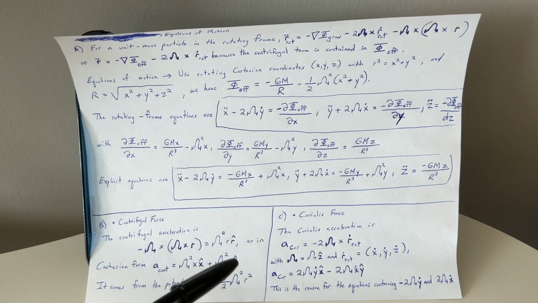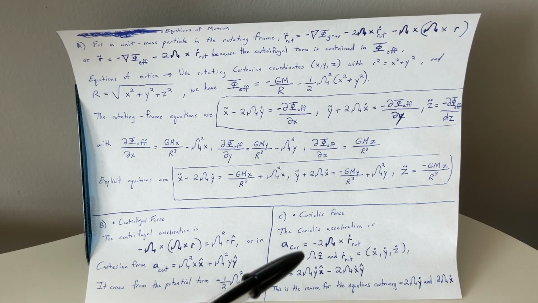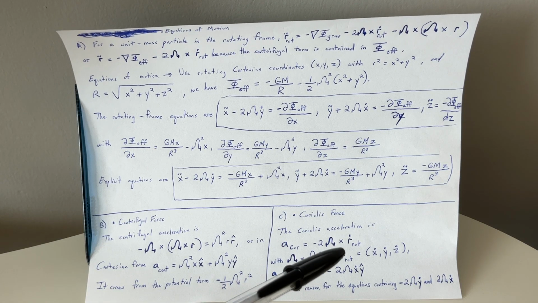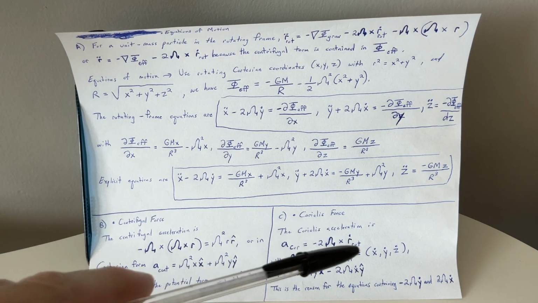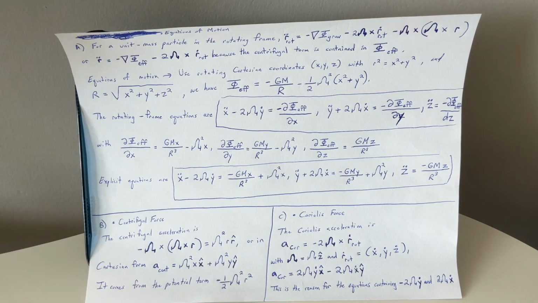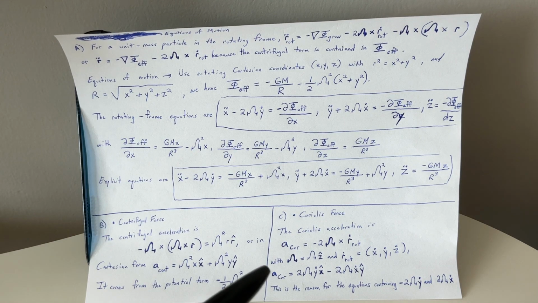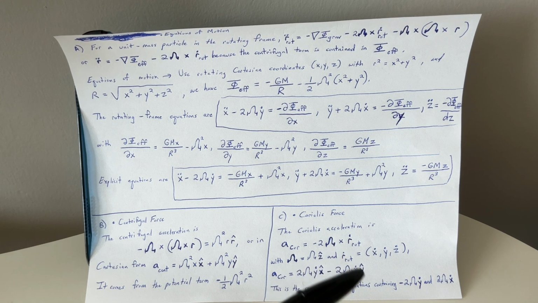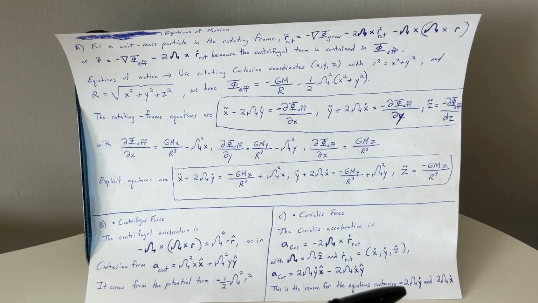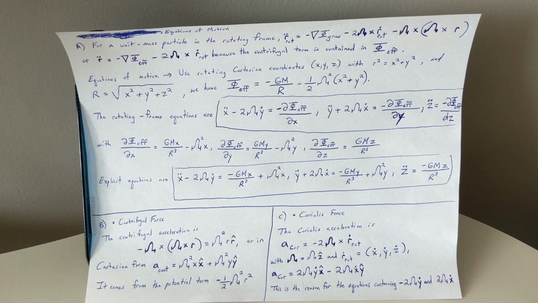With omega vector equals scalar omega z hat, and R sub ROT dot equals x dot, y dot, z dot, our a sub COR equals 2 omega scalar y dot x hat minus 2 omega scalar x dot y hat. And this is the reason for the equations containing negative 2 omega y dot and 2 omega x dot. Okay, so that's for letter C.